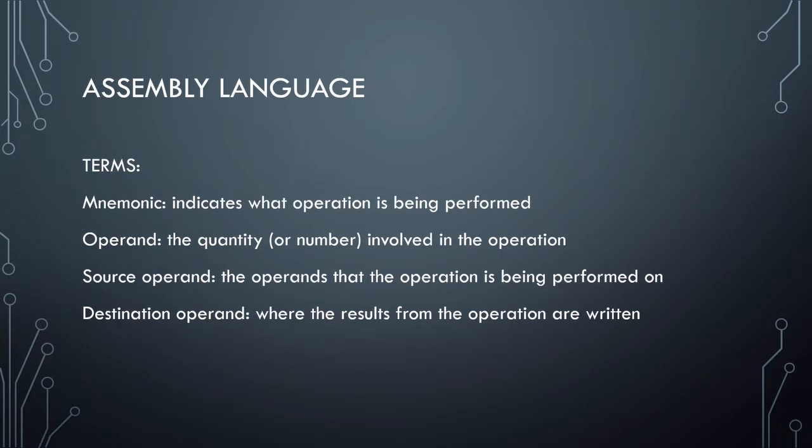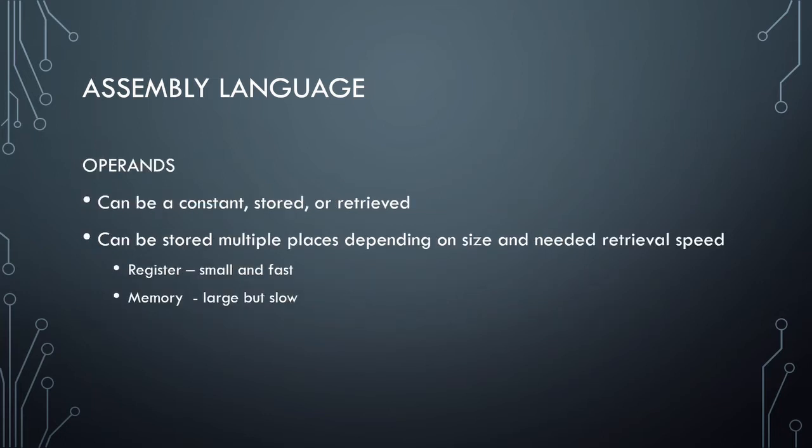So the source operand is the value that the operation is being performed on. And we always have a destination operand, where the results that we get from our operation are stored or written to. And these operands can be a constant, so they can be a specific number. They can be stored in places, or they can be retrieved from a certain place.